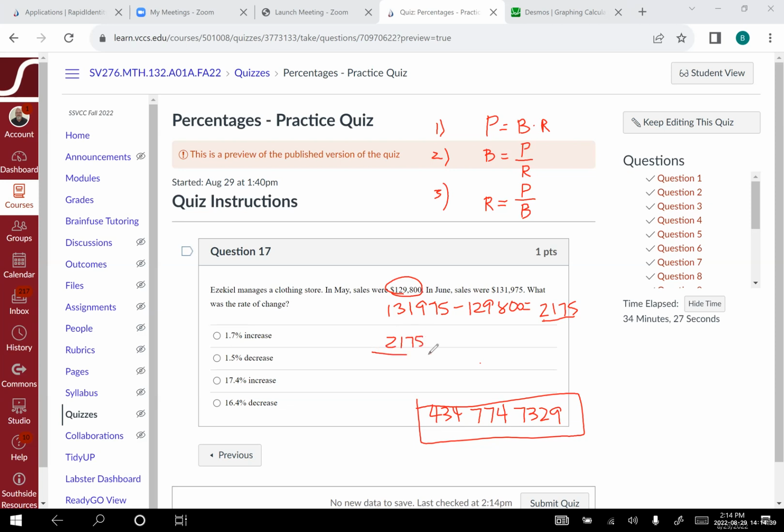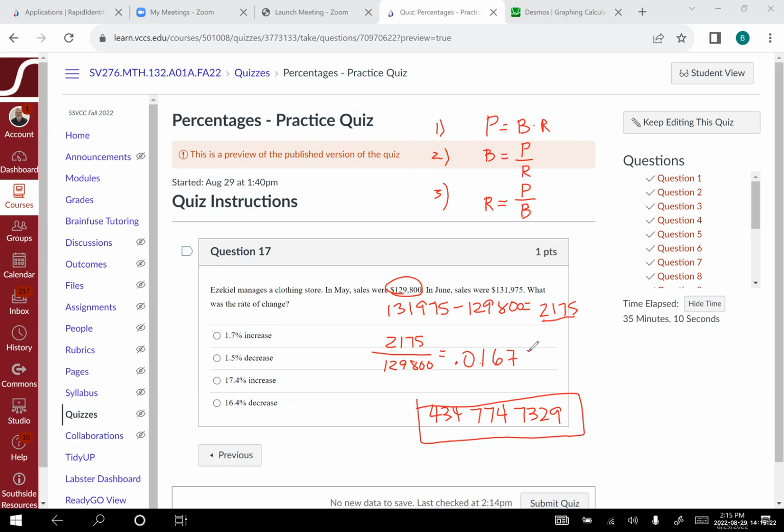So 2175 divided by 129,800. 0.016 what? 1675.